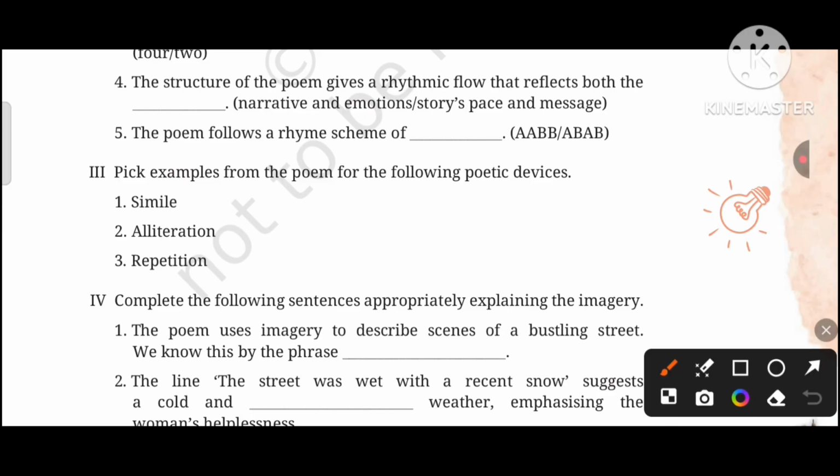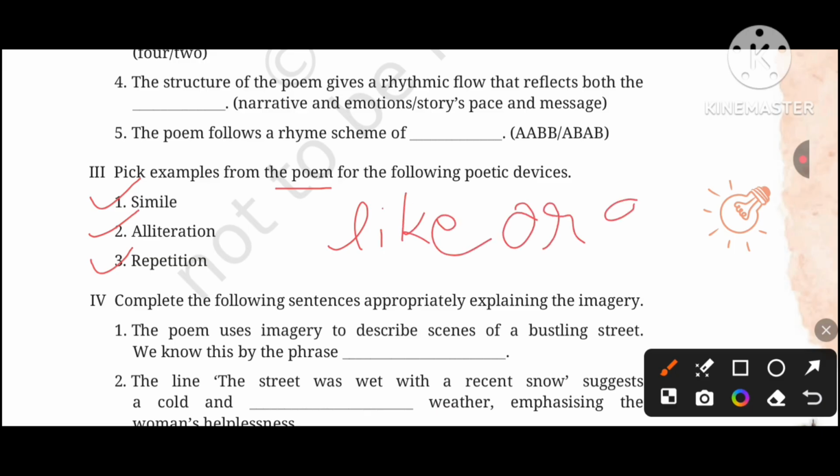Pick examples from the poem for the following poetic devices: simile, alliteration, and repetition. For simile, came the boys like a flock of sheep. What is simile? A figure of speech in which two different things are compared using the words like or as.